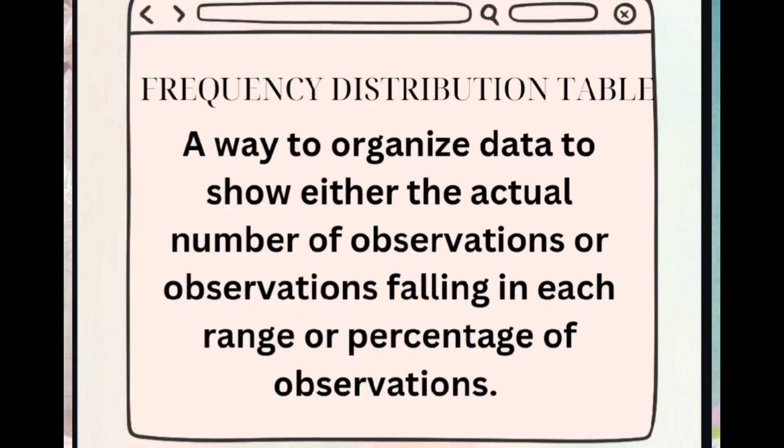The frequency distribution table is a way to organize data to show either the actual number of observations falling in a range or the percentage of observations.